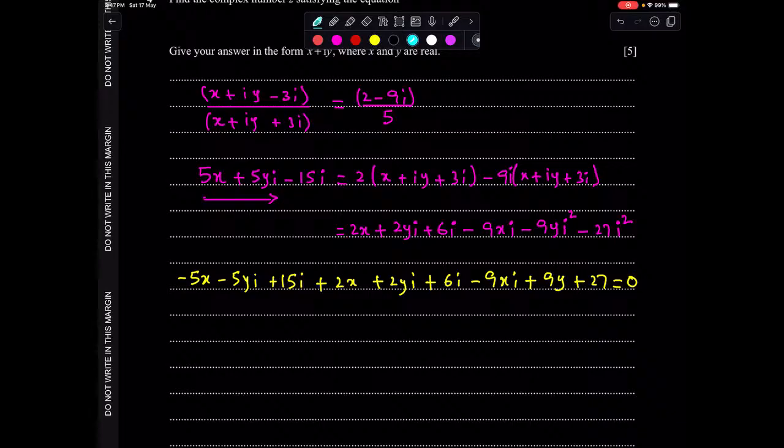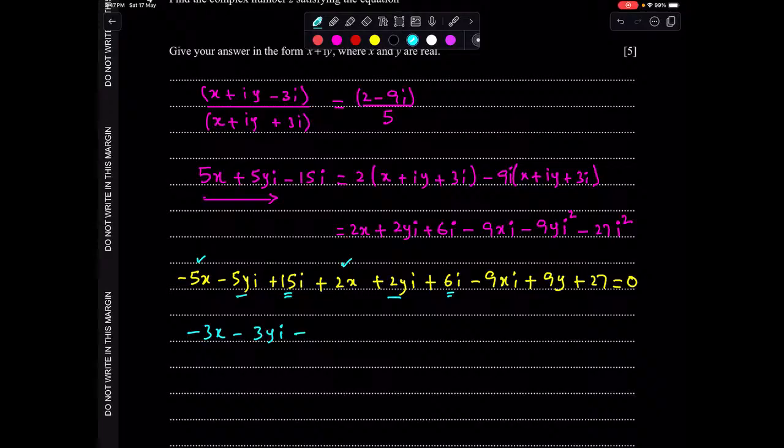Now check the terms. Minus 5x plus 2x. This will become minus 3x. Minus 5yi, 2yi, that's it. So minus 3yi. Next, 15i and 6i.